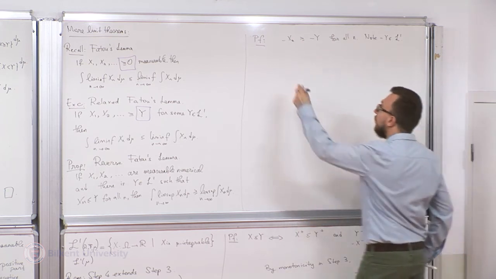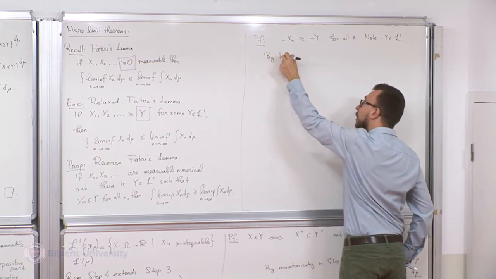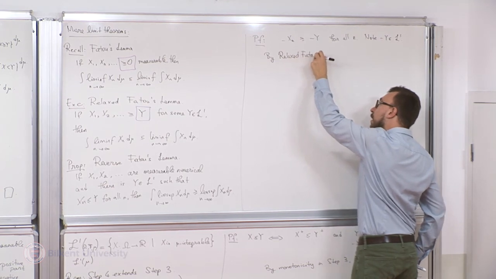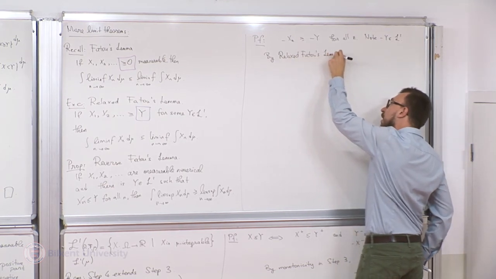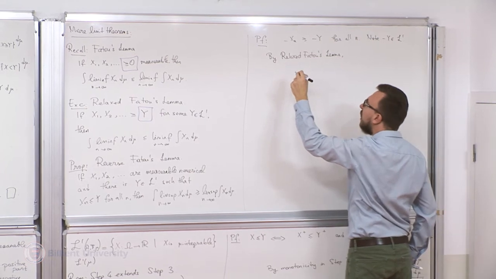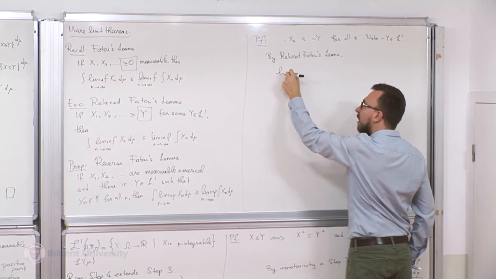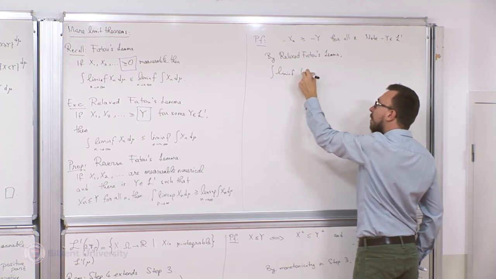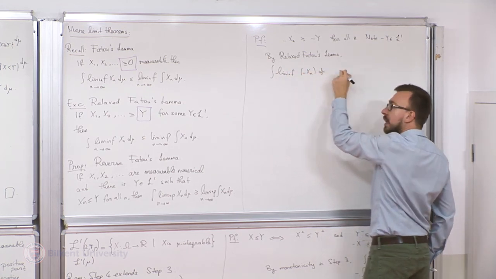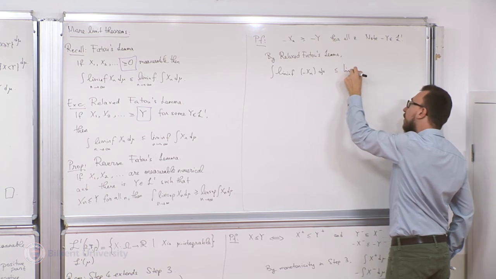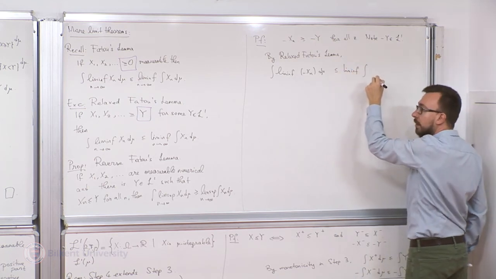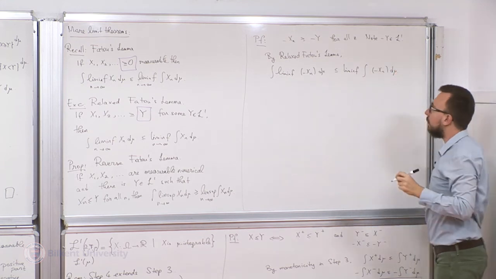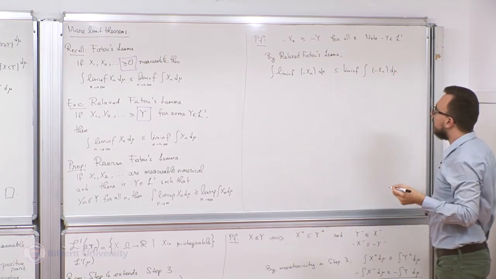So by relaxed Fatou, we have the integral of lim inf of minus xn's is less than the lim inf of the integrals of minus xn's.